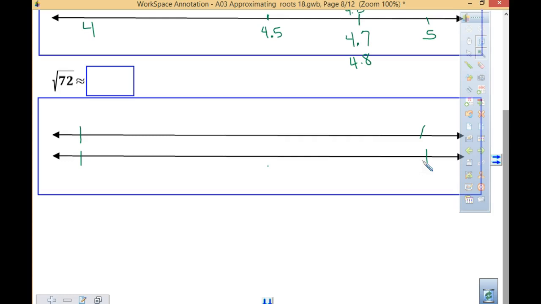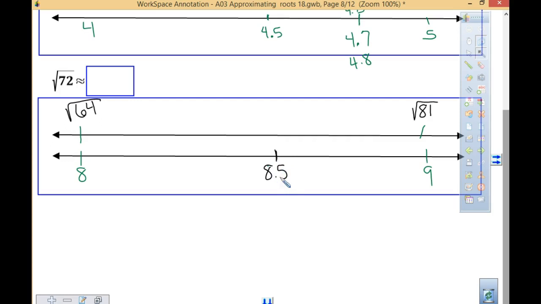So we would say between 8 and 9. So 8, 9, right? 9 is the square root of 81. 8 is the square root of 64. And we know the middle is going to be 8.5, right? Between 8 and 9.